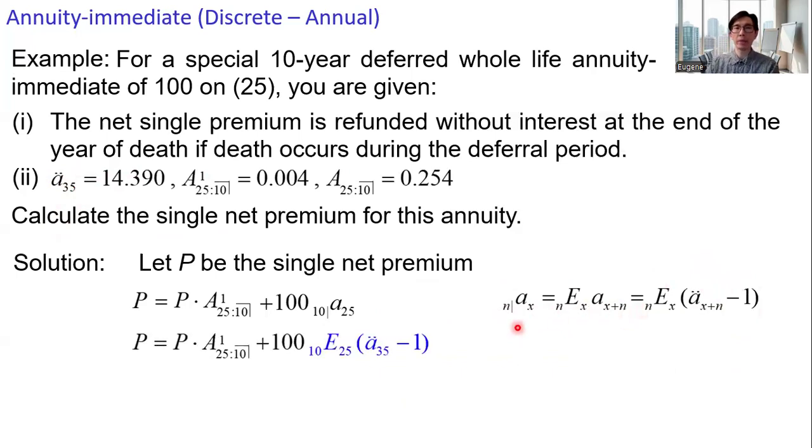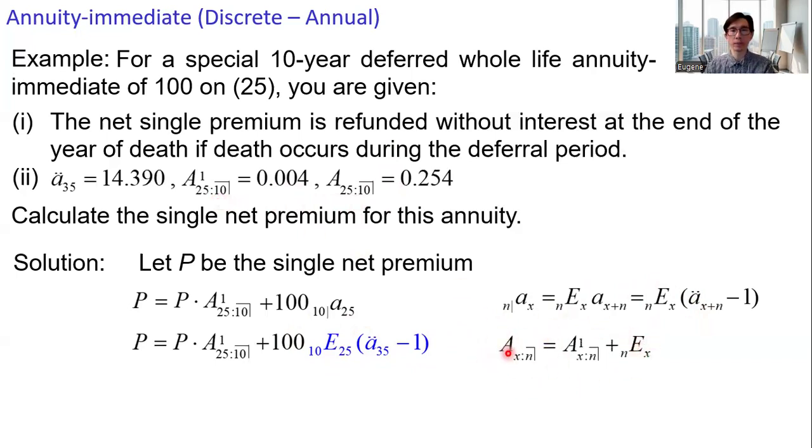All right, so we have 10|a_25 equals 10E_25, and then times the expression A double dot 35 minus 1. We get A double dot 35. We need to get the quantity for 10E_25. We can get this quantity from these two numbers, the 10-year endowment insurance and the 10-year term insurance.